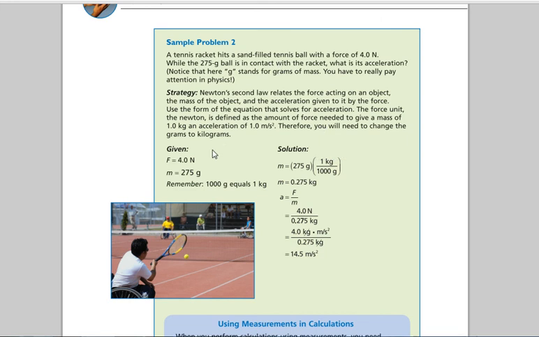But in any case, if all you know is, let's say, we want to make another one up here. If all you know is F equals ma, then we want to get the a by itself.